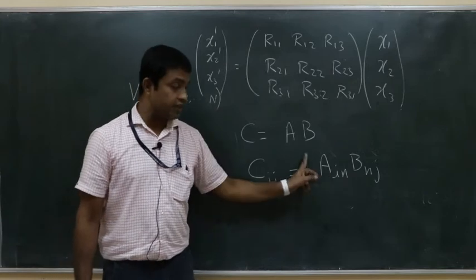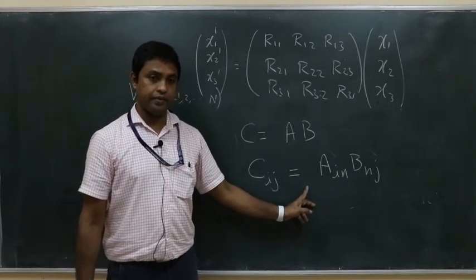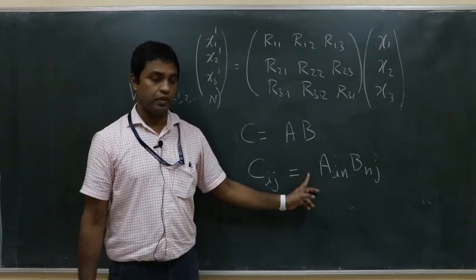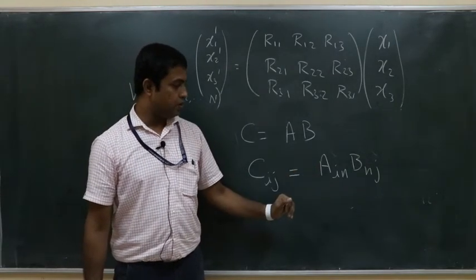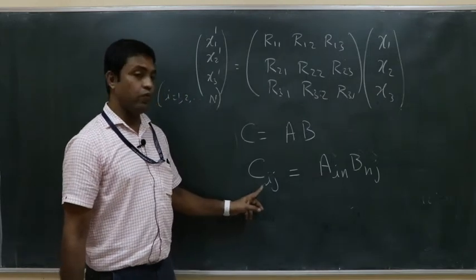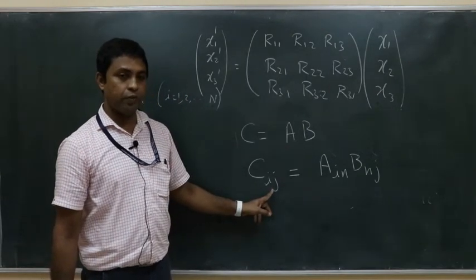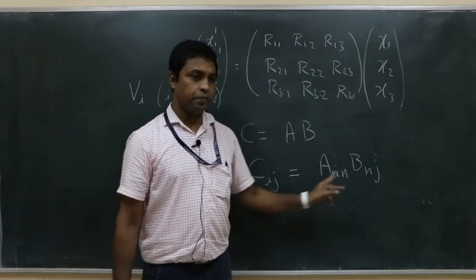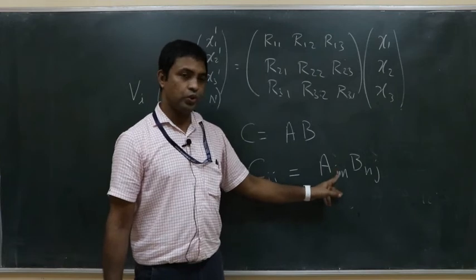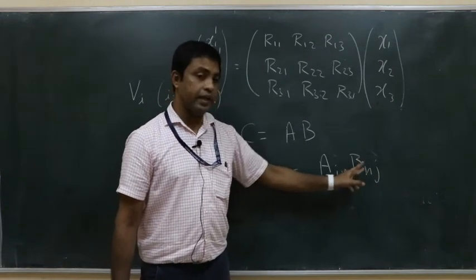So this means there is a summation over n. Suppose it is 3 dimensions, so a summation over n from 1 to 3. So what will you get? C11 component will be equal to A11 B11 plus A12 B21 plus A13 B31.